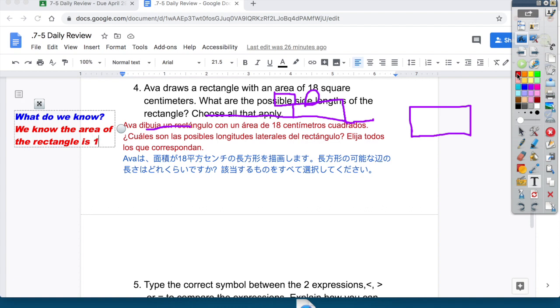Sabemos que la área del rectángulo es 18. Is 18. Let's put square centimeters. Okay. Now what do we need to find out? What do we need to find?